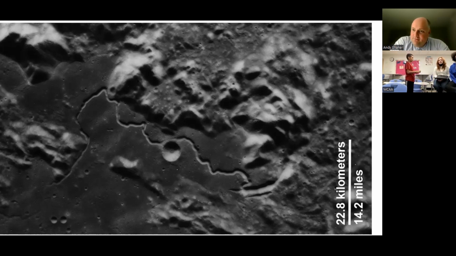Another reason to argue that the highlands, the mountains, are older than the mare is that the highlands, the brighter material, was the original crust of the moon. When the moon first solidified, the entire surface was that bright material.